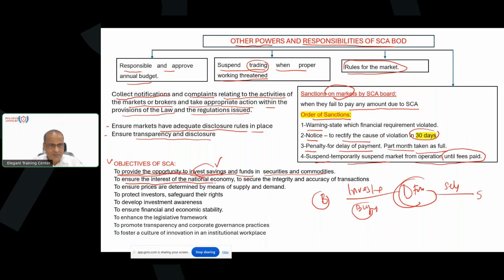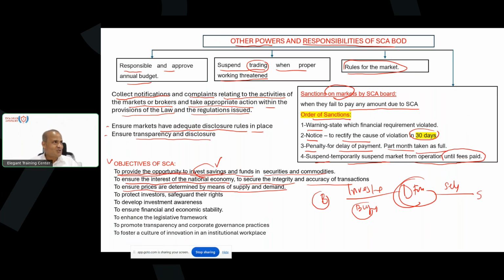To ensure the interest of the national economy, to secure the integrity and accuracy of transactions, to ensure prices are determined by means of supply and demand. Which price? Share prices, right? There should be no intervention.